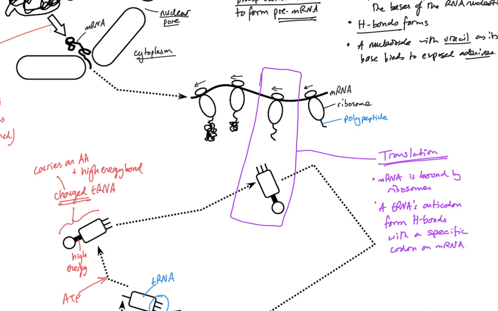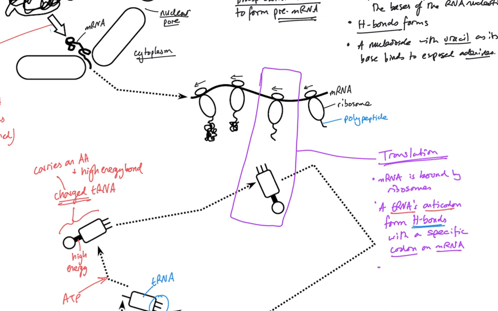So codon is an mRNA word, whereas anticodon is a tRNA word. Okay, and any excuse to name bonds, name bonds. So that's going to mean that the right tRNA binds onto the mRNA, and this is within the ribosome.